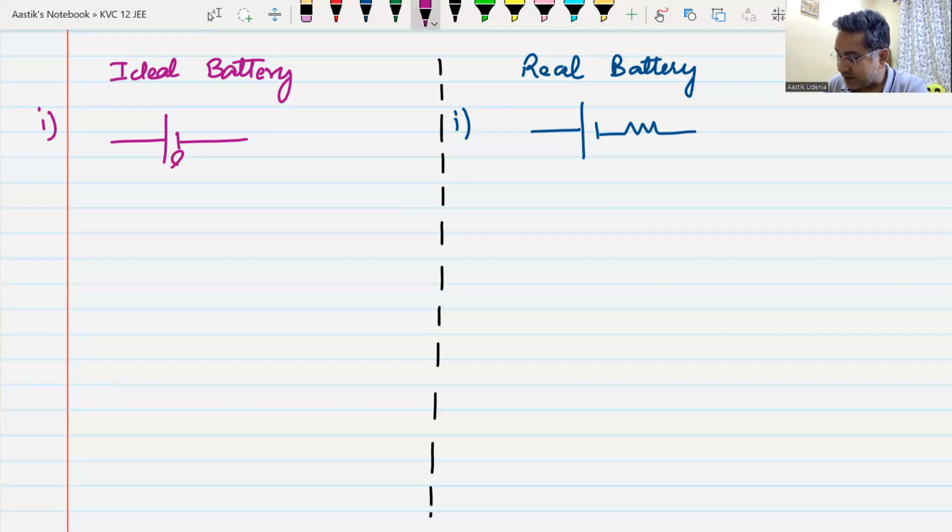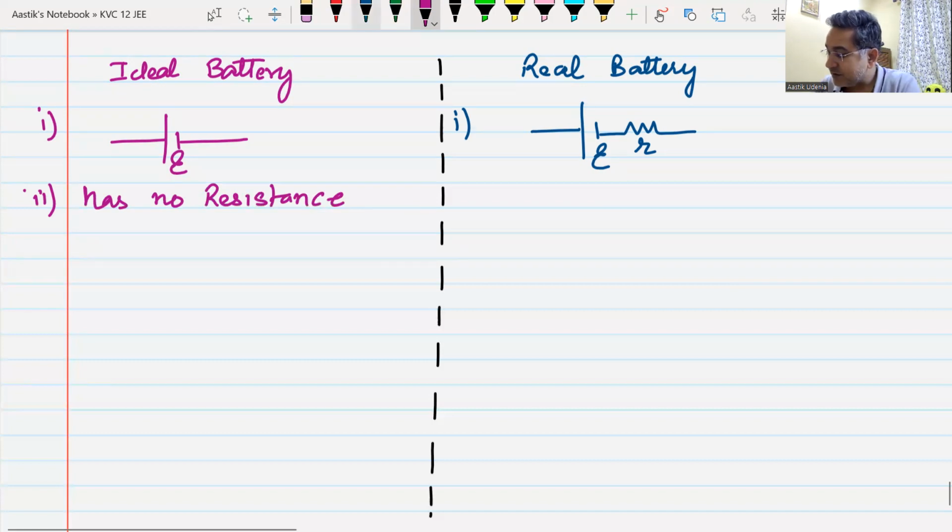The EMF of this battery would be written as E, but there would be this small r. Do you know this symbol? Resistance. An ideal battery has no internal resistance. Yes, an ideal battery does not have any resistance, but a real battery has some small resistance.